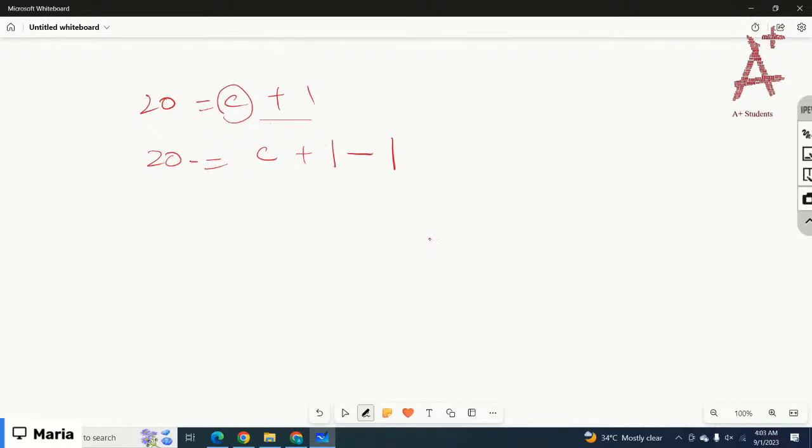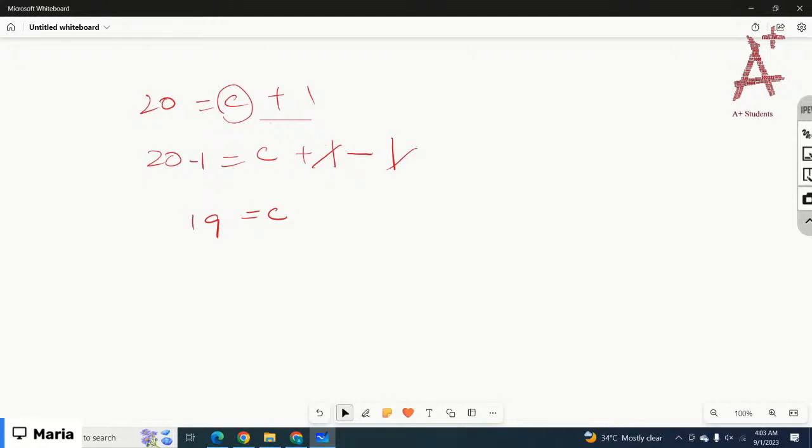So you have to subtract 1 both sides because that is an equation. You have to do every step both sides. 1 minus 1 makes 0. You are left with c here, and 20 minus 1 is 19. So the correct option is c equals 19, right?